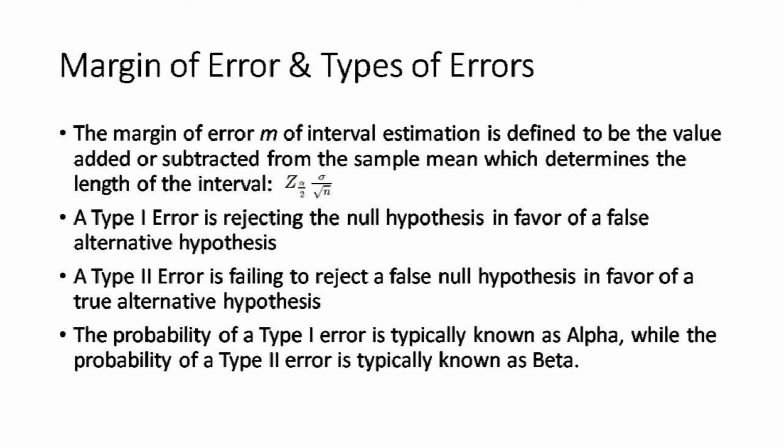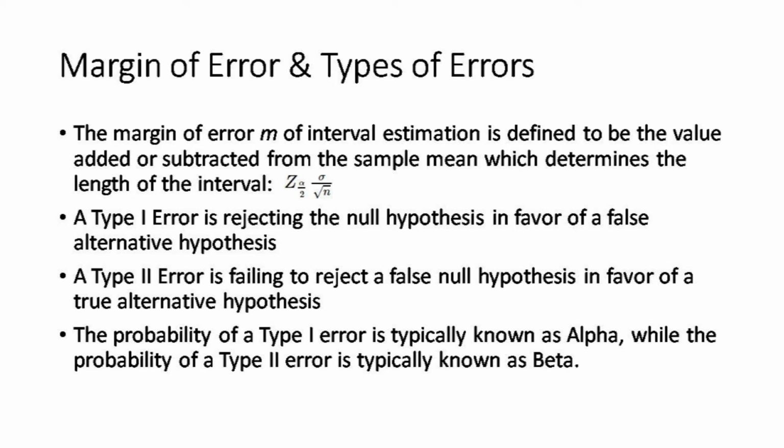Now, when we are analyzing hypothesis testing, we have three important terms which form the focus of our analysis, out of which margin of error and type 1 error are majorly considered, whereas type 2 error is used to determine the power of a test. In fact, 1 minus type 2 error, that is 1 minus beta, is used to determine the power of the test.